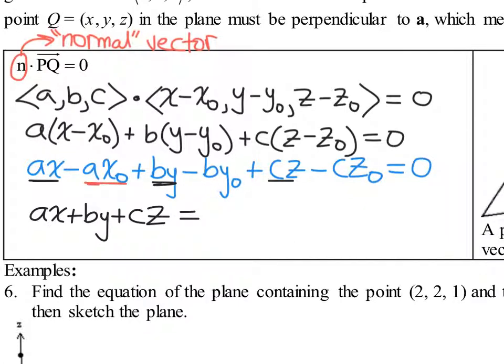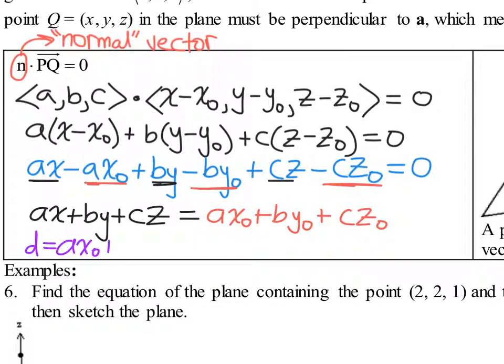So these terms are going to go over to the right-hand side and become ax sub O plus by sub O plus cz sub O. That's a hideous-looking equation, but what they do is define D as equal to ax sub O plus by sub O plus cz sub O. And so we end up with ax plus by plus cz equals D. You can understand why they chose D. It just has a nicer flow.